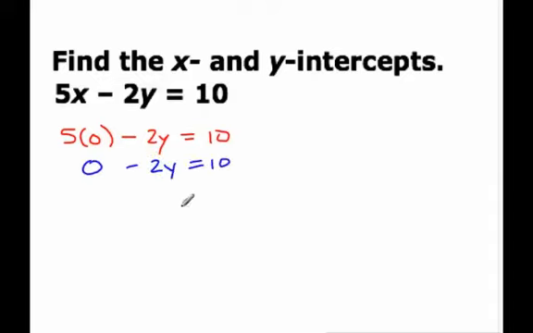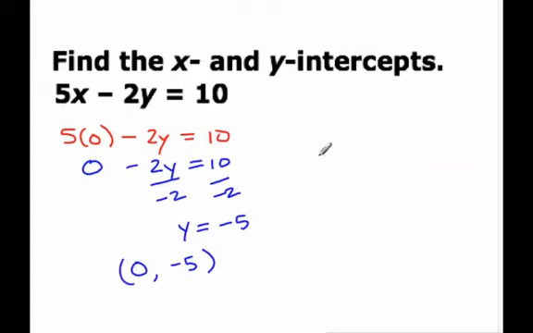We're going to solve this just like we've solved equations in the past. Divide both sides by negative 2, and we're left with y equals negative 5. So when x is 0, y equals negative 5, and that becomes our y-intercept.